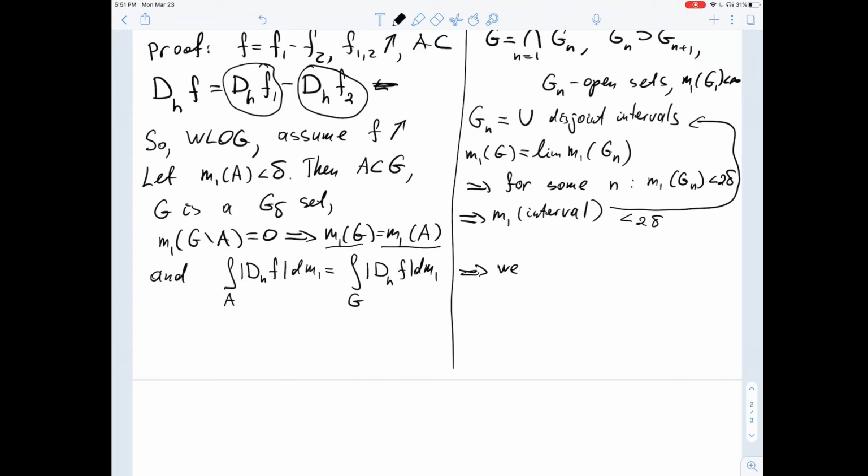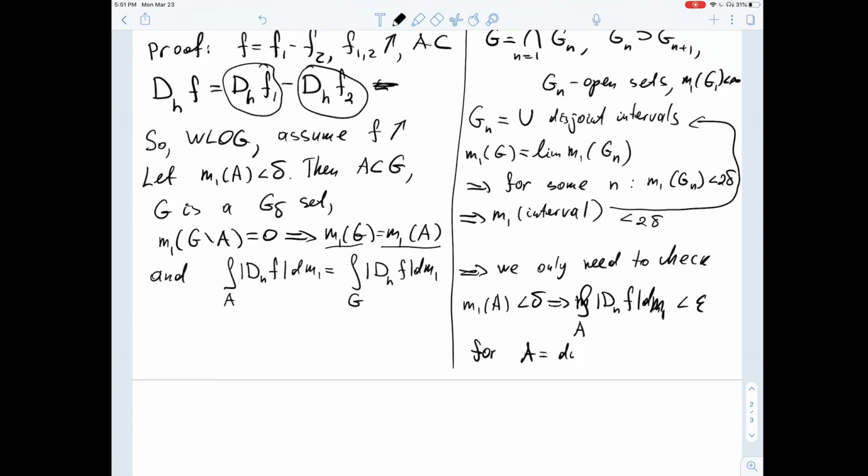It implies that we only need to check the integral over A of dh f dm1 less than epsilon for a disjoint union of intervals.